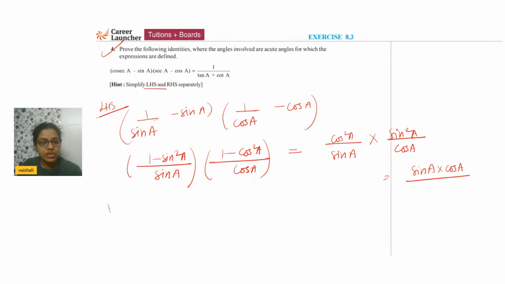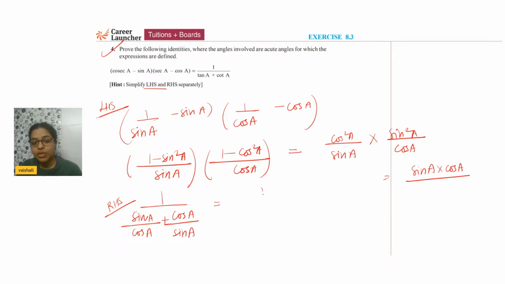Now let us solve your right hand side also separately, and then हम चेक करेंगे कि उसमें भी क्या यही रिजल्ट आ रहा है या नहीं. So how can I write my tan as sin a divided by cos a plus cot को कैसे लिख सकते हैं? Cos a divided by sin a.